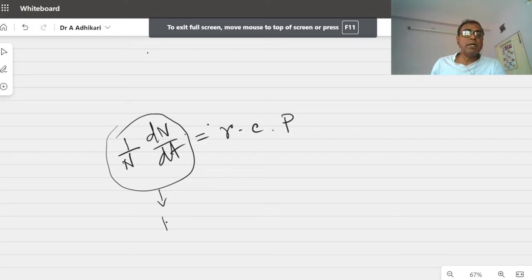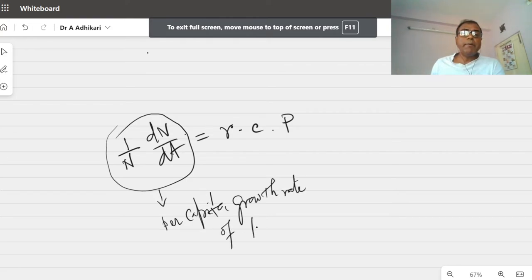Due to the presence of the minus sign, due to the effect of predation, the per capita growth rate of the prey reduces.